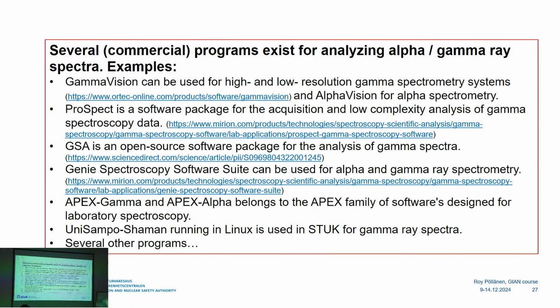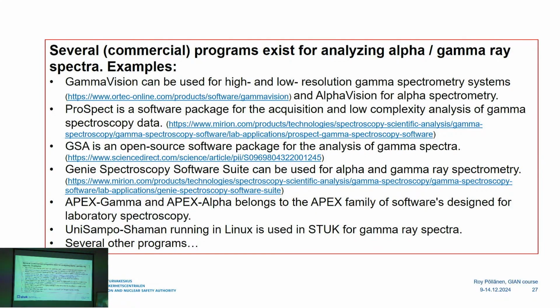What about the analysis software, not generating the spectra? So one example is GammaVision and AlphaVision. These are from Ortec. Prospect is a software package for data acquisition and low complexity analysis for gammas. It's a Mirion software.